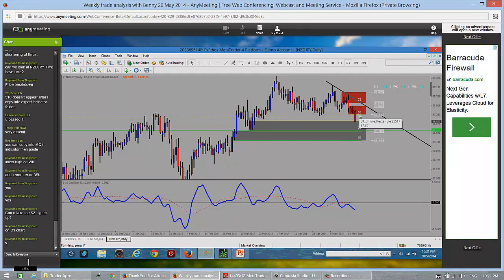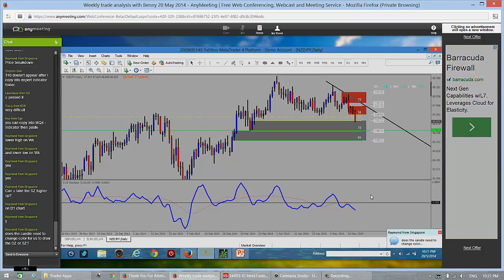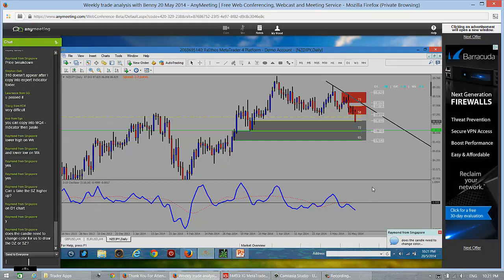Then I'll take a short here or here. And by the time this happens, the price drops, we will see the red line cross below the zero. And if the price holds at this demand and starts to pull back, then we see the last line start to pull back above the zero line, and then that would be the setup, right?